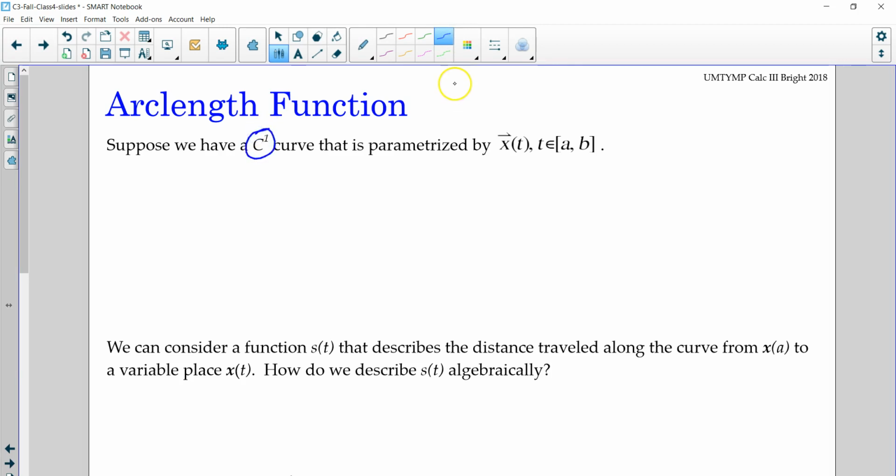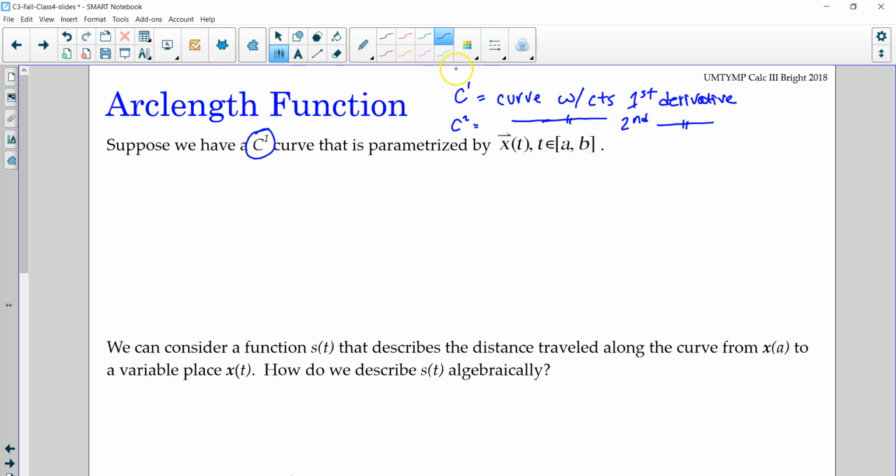Before we go on, I just want to explain this notation of C1. C1 means that it's a curve with a continuous first derivative. C2, you might guess, is a curve with continuous second derivative, and so it would therefore have a continuous first derivative.